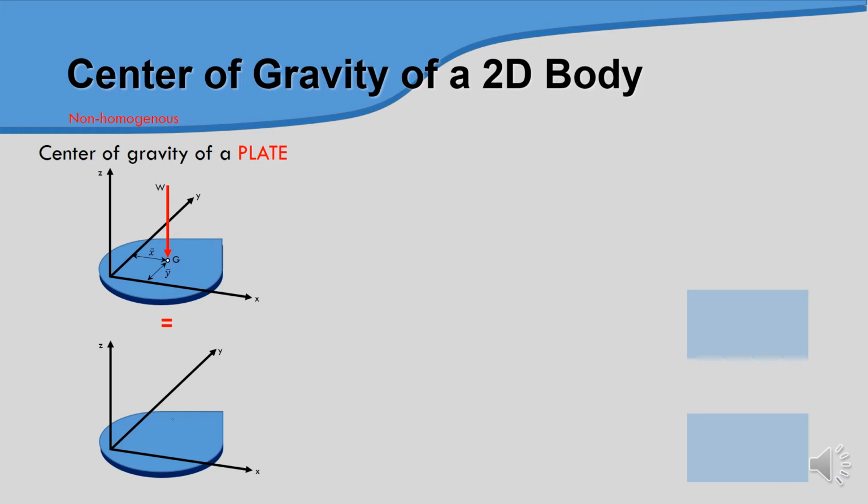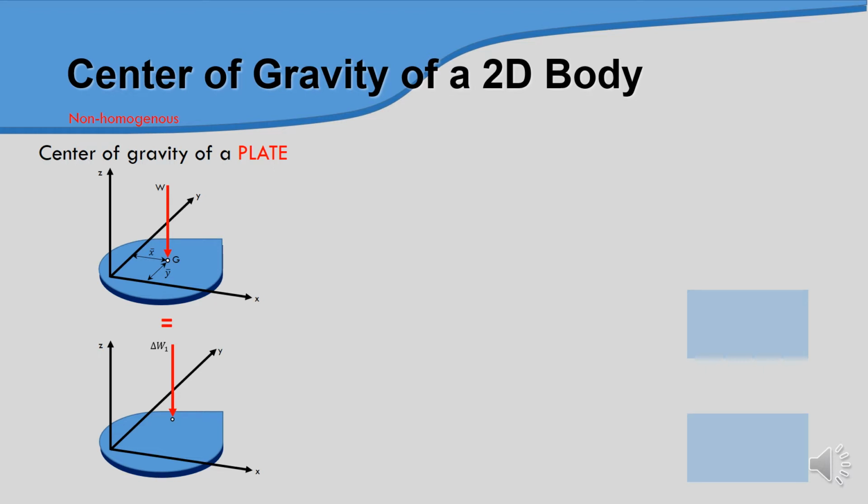Basically, if you can see, a non-homogeneous shape consists of many particles, which produce a weight force of different values at the position of each particle, and the particles also have different tiny shapes and different weights.